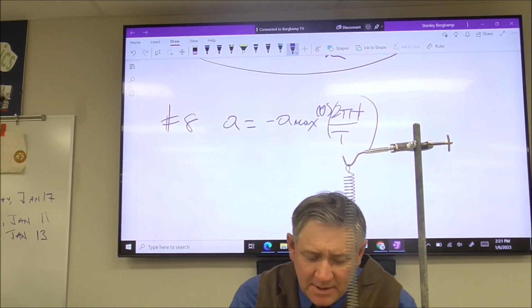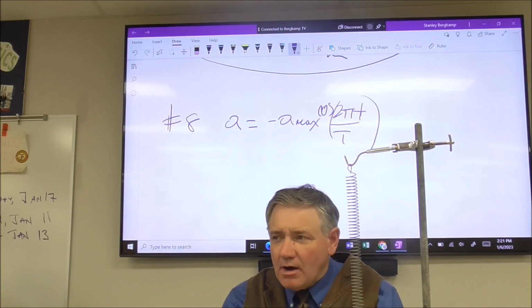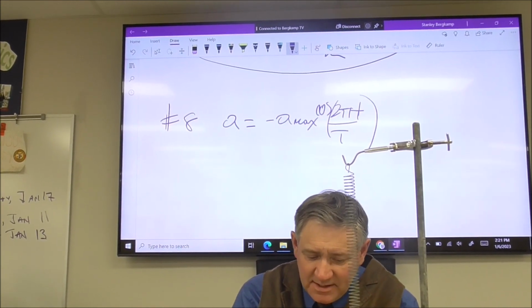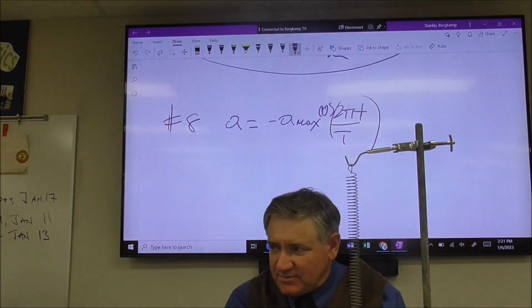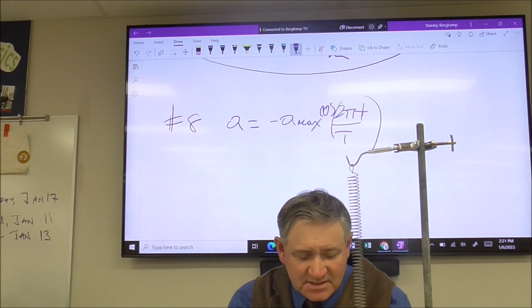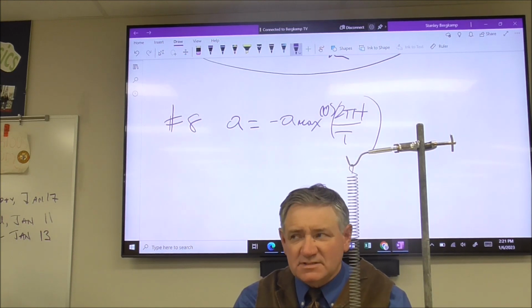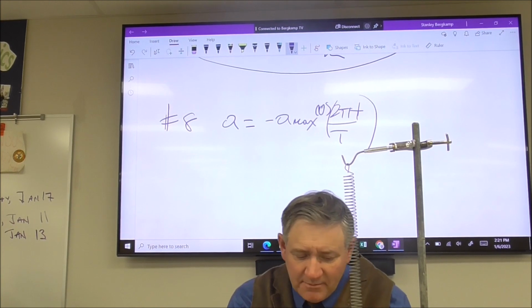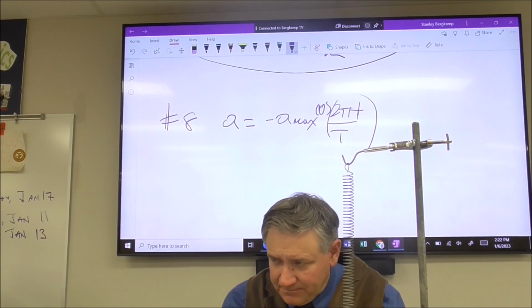Now, when you get to number 9, I don't want the numeric values. All I want is the net force: positive, negative, or 0. So oddly enough, if you have a negative acceleration on number 8, what's the sign of your net force? Negative. Okay, do not make number 9 complicated.